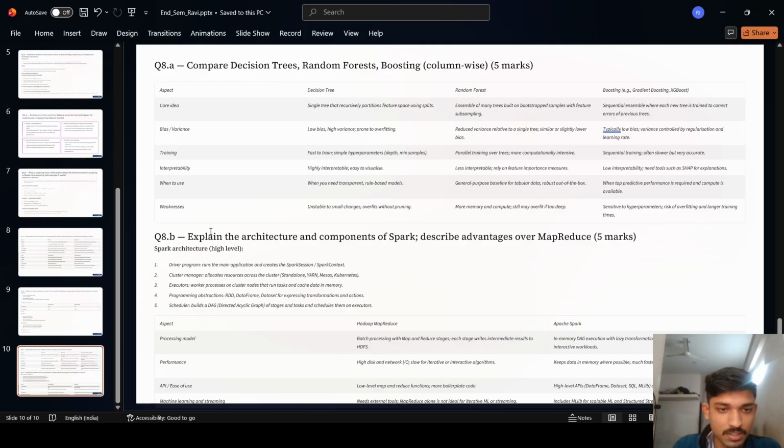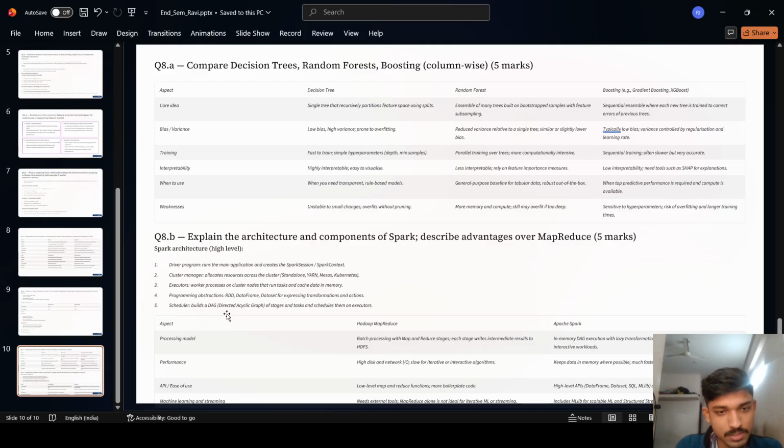Now let's see the next question, in which we have to explain the architecture and components of Spark. We also describe the advantages and disadvantages compared to MapReduce. First we will see the Spark structure. The first one is the driver program, which runs the main application and creates the Spark session and Spark context.